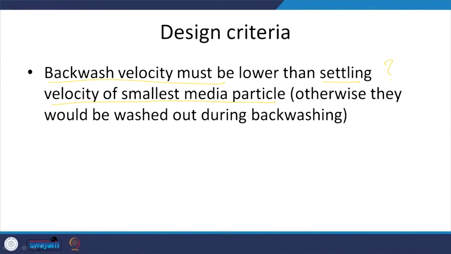If I increase the backwash velocity beyond a certain threshold, what is going to happen? The particle which is trying to settle down, the media which I want to retain, I do not want to lose this filter bed media, is also going to be removed with my backwash. So, obviously, the backwash velocity should always be lower than the settling velocity of the smallest media particle.